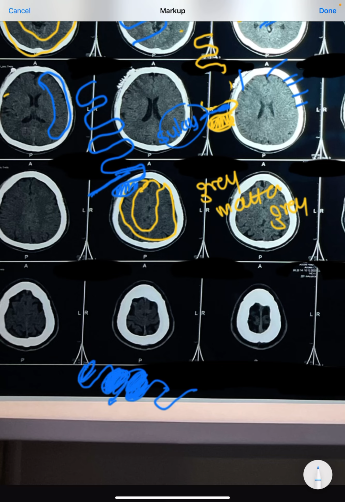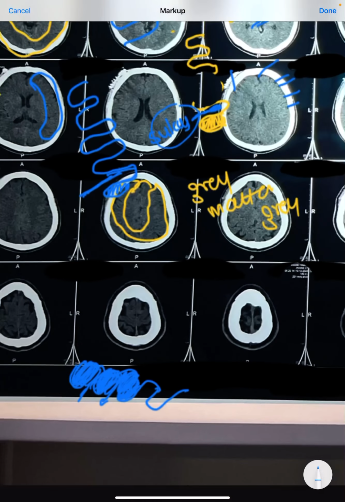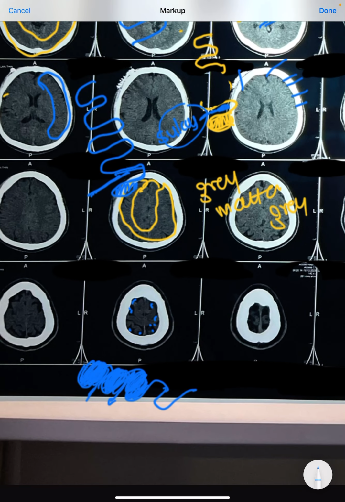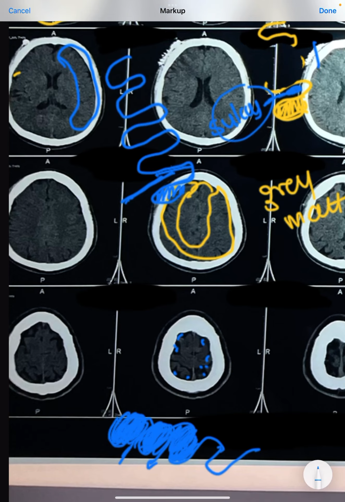So this gray matter gets swollen, so it automatically compromises the sulci, so that the sulci will not be evident. The prominent sulci which are here, here, here, these black structures will get compromised because all this gray matter will get swollen.